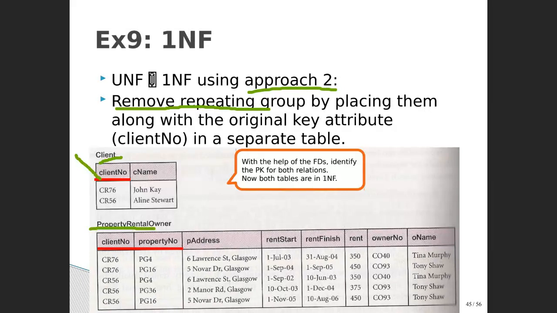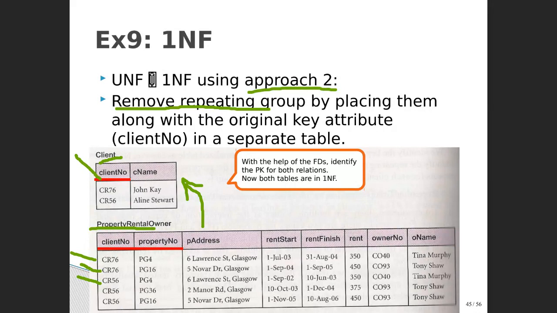So we have only 2 clients, and we reduce repeating all these names and so on. Now we have only the client number. So we decompose it into a separate table. Got the point? This is approach number 2.